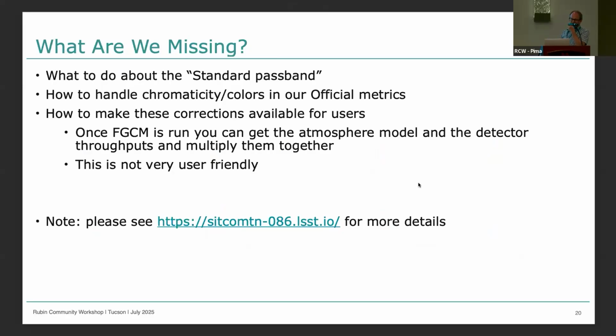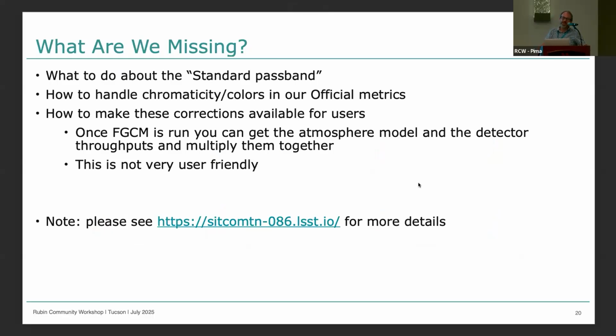So I showed highlights the other day at the DM session, but there are some questions that we have not answered, and people might have. What do we do about the standard passband? We can choose a standard atmosphere, that's fine.